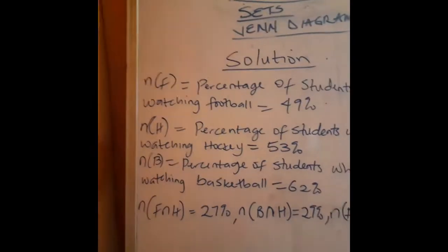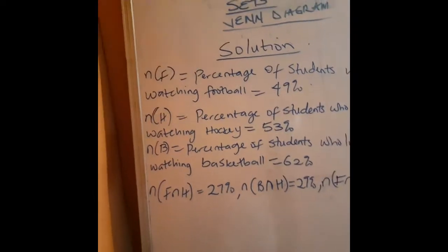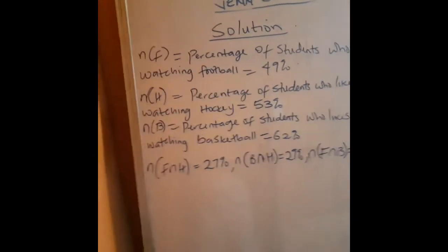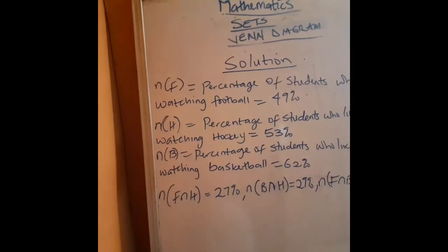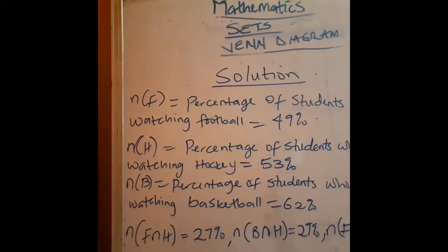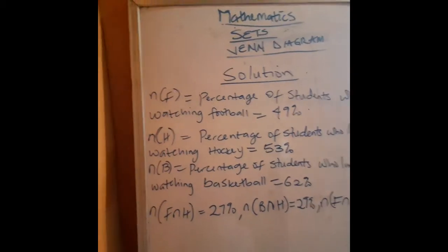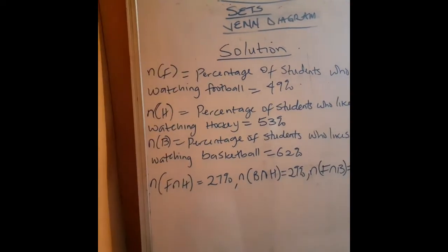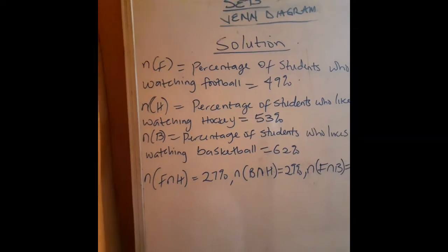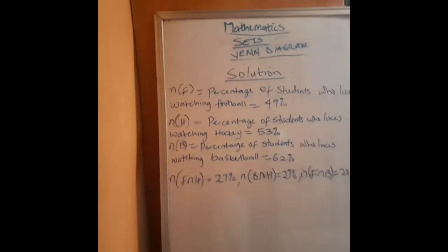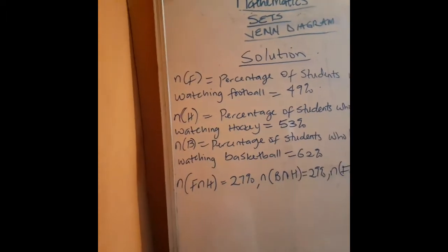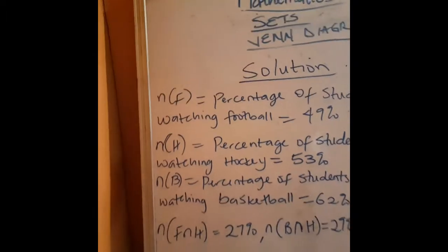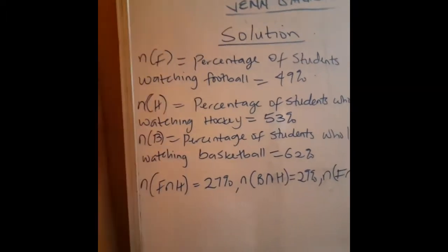So we have number of students that like football, which is in percentages. This one we are dealing in percentage now, which is 49%. Number of students who like hockey, the percentage of them is 53, and the percentage of students who like basketball, 62. So the question says those that like football and hockey 27, basketball and hockey 29, and football and basketball 28.